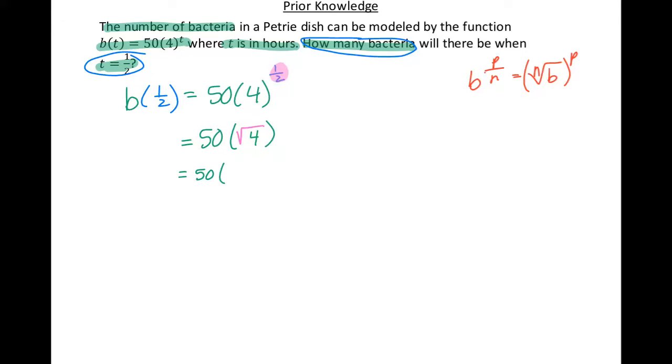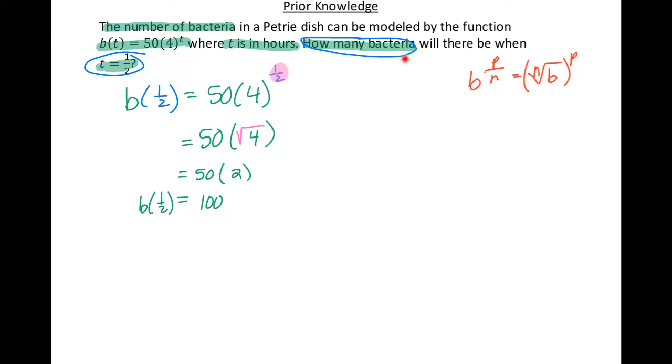So what is the square root of 4? Square root of 4 is 2. And 50 times 2 gives us 100. But then this is a word problem. Because we have a word problem, we have to write a sentence conclusion. What is this 100 representing?